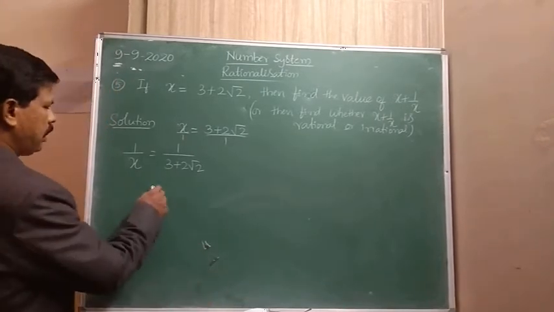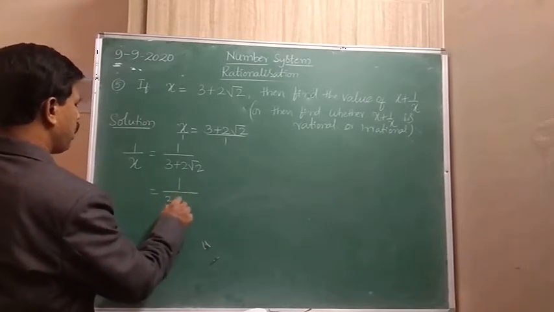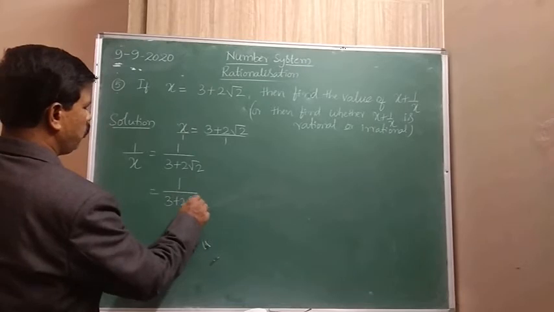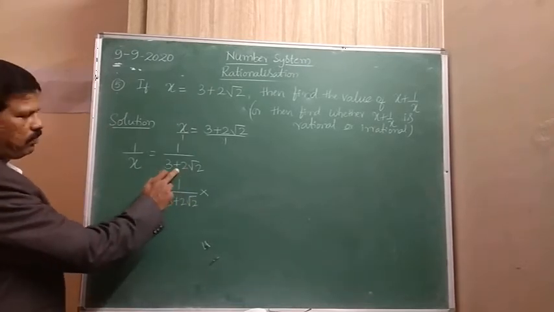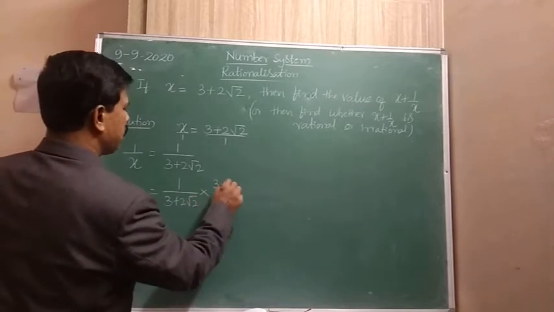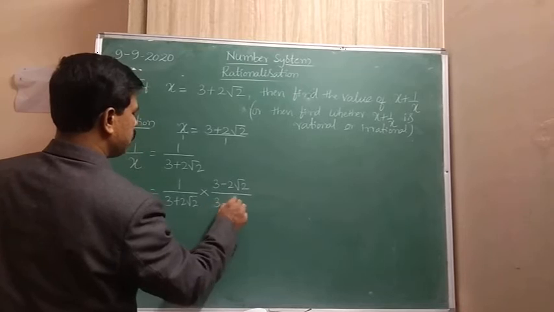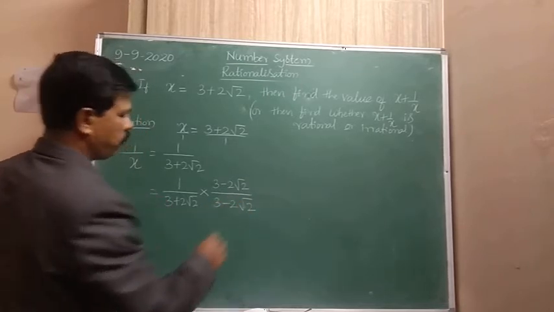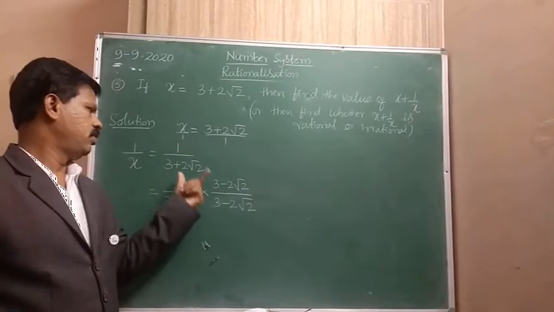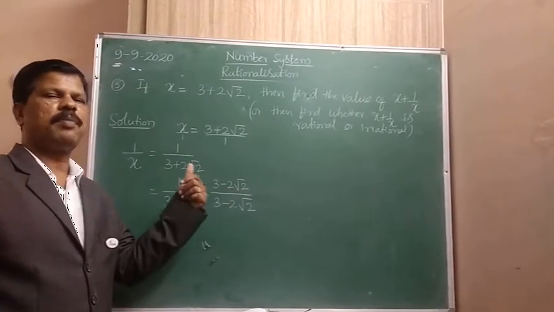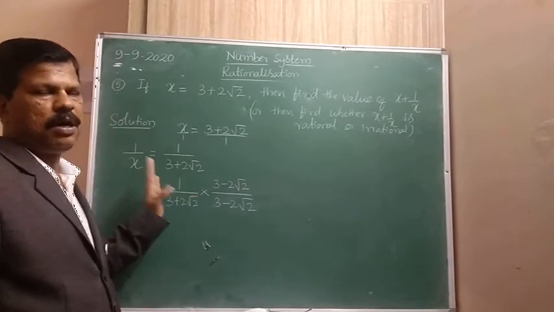So I am directly writing 1 by 3 plus 2 root 2 into 3 minus 2 root 2 by 3 minus 2 root 2. Clear? I have not written that one step: the RF of 3 plus 2 root 2 is 3 minus 2 root 2. I am directly writing the RF.